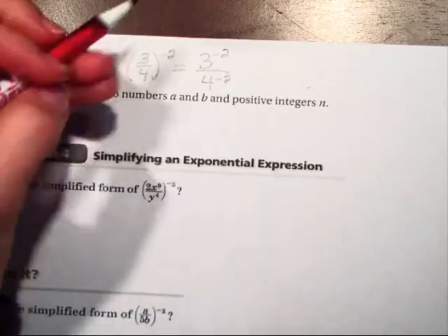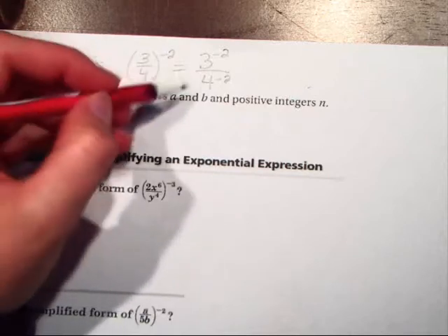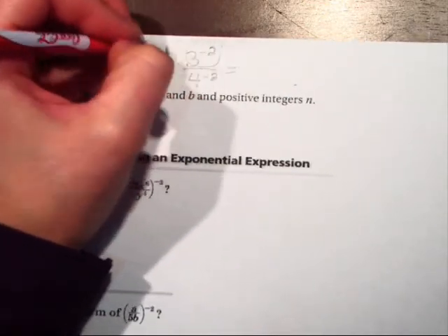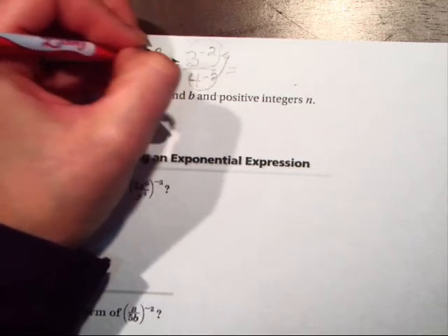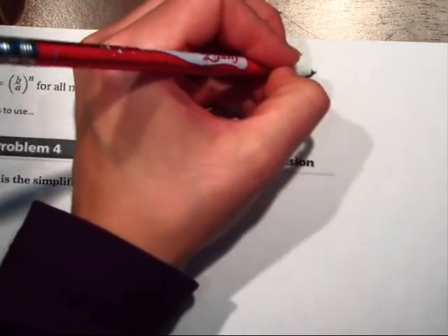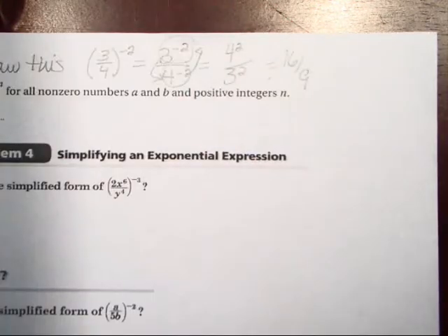And quite frankly, you had no idea that I was making this problem harder than it needed to be. Then I would ask what needs to happen, and hopefully you would say these need to switch. So you would get 4 squared on the top and 3 squared on the bottom, and then 16 over 9 as your final answer.